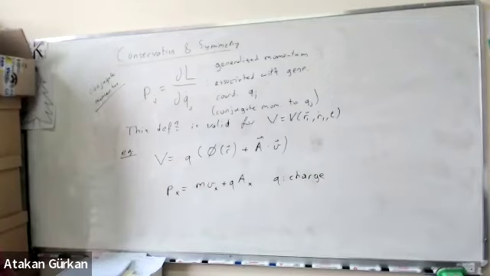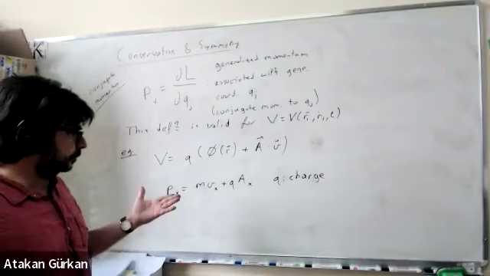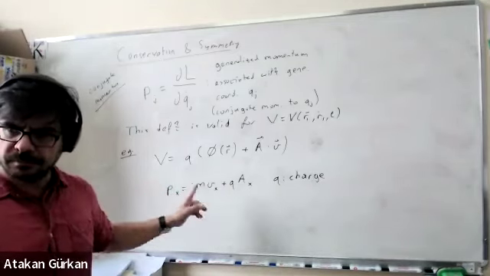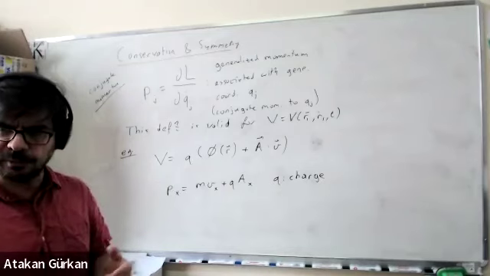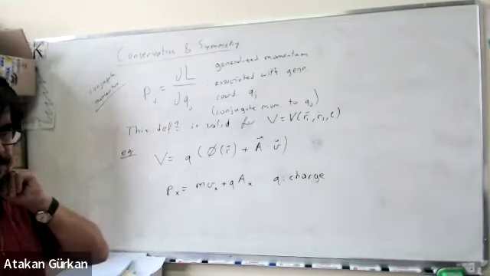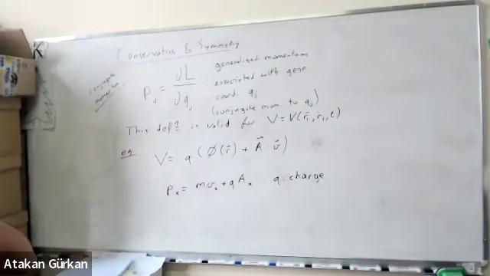If you don't know this, it's good, but I'm not going to explain this any further. This is definitely in Jackson, but it's also probably in Griffiths. How you associate this with the momentum of the field is definitely in Jackson. But if you need resources to go deeper on this, just let me know. Yeah, I can definitely find it.